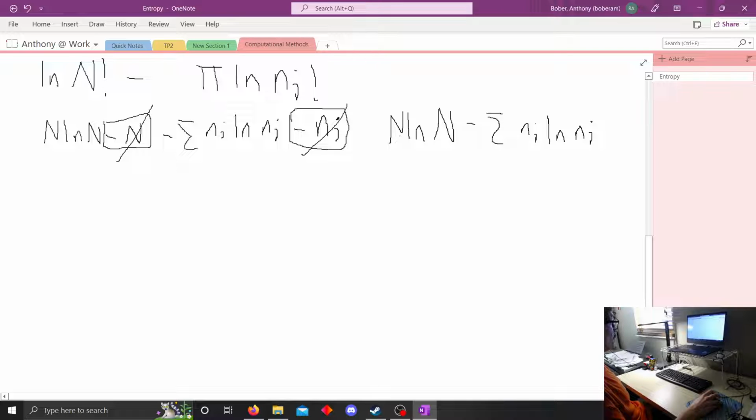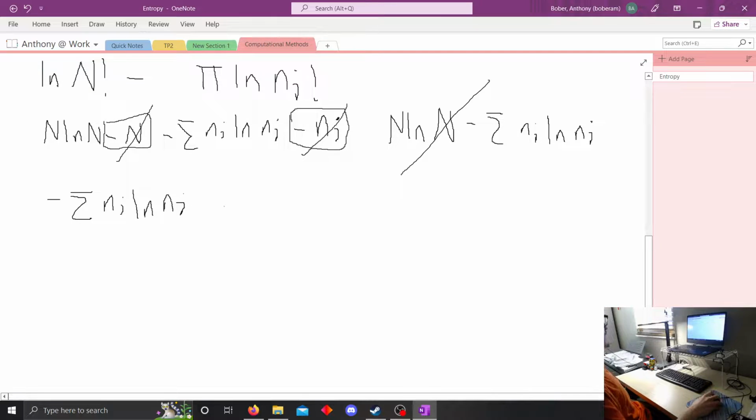So we don't really need to regard what we can do to change this big N. So we're just going to ignore it, and then we're left with this expression for entropy being this Ni, number of students per grade, times the natural log of that Ni. So this is what we have for entropy.